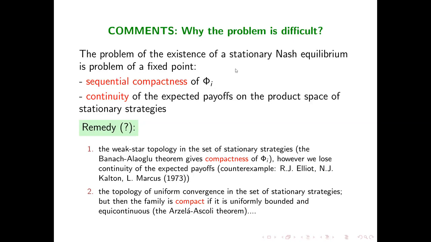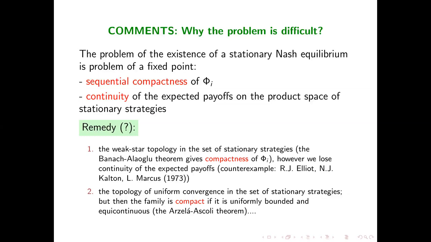The other remedy comes from the Arzelà-Ascoli theorem. And the idea is to use the topology of uniform convergence in the set of stationary strategies for some specific games.